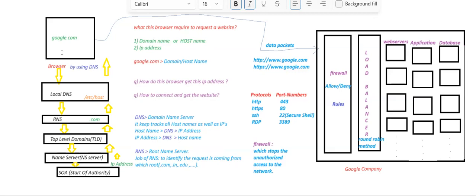And after getting the IP address, by using the host name as well as the IP address, how the browser gets the response from the domain, or you can say the company's host server. I think you got a bit more idea. So I hope this video is understandable to you.